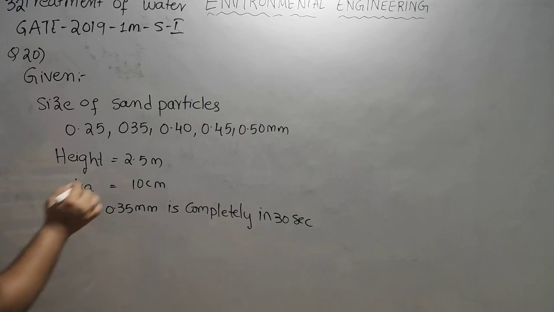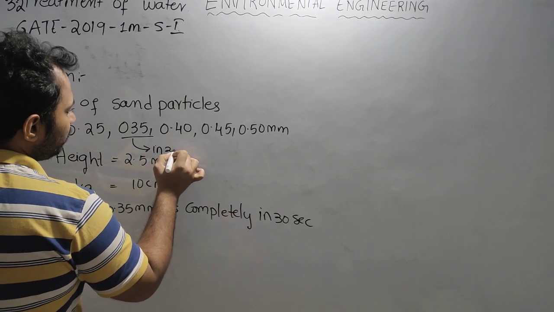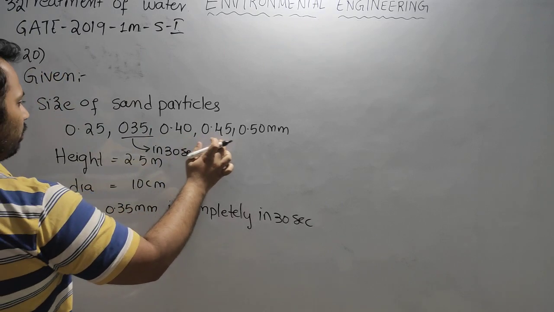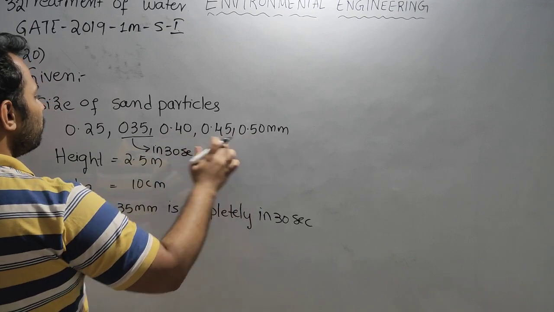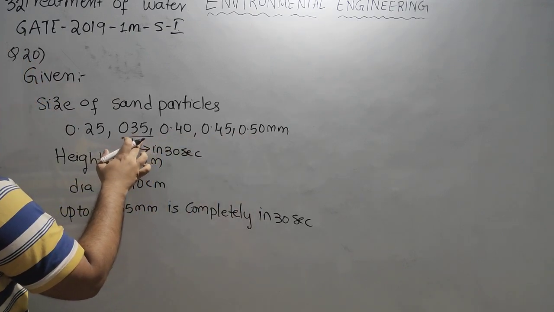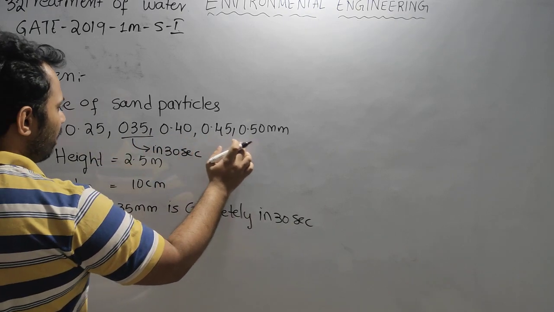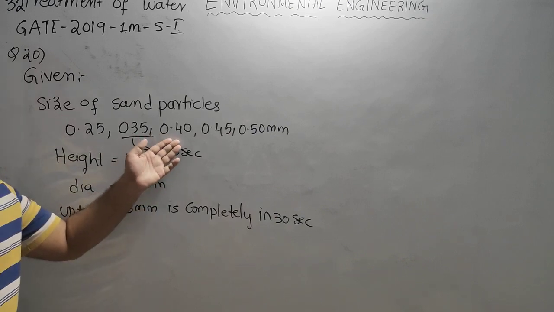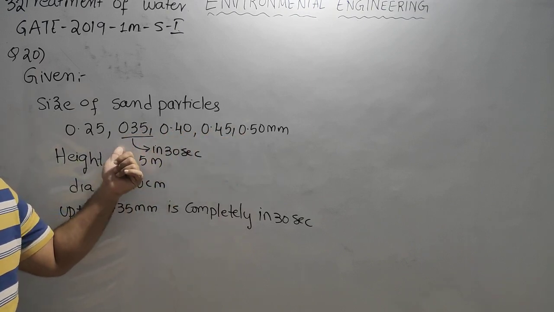Simple. 0.35 is settling completely in 30 seconds. So what happens to 0.4, 0.45, 0.5? Obviously they will settle, because they are larger in diameter. If the smaller diameter is able to settle in 30 seconds, why not the greater diameters? In fact, they will settle earlier than 30 seconds, because more diameter means more weight, so they settle faster than 0.35.